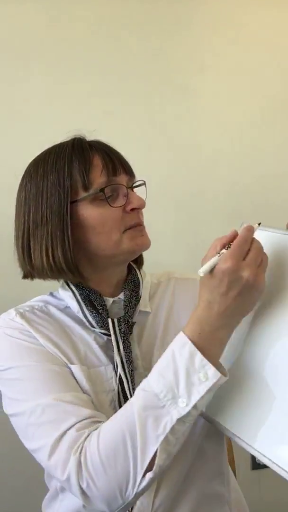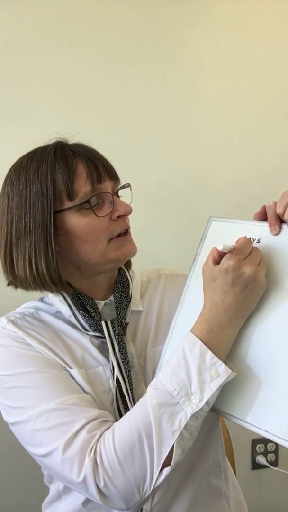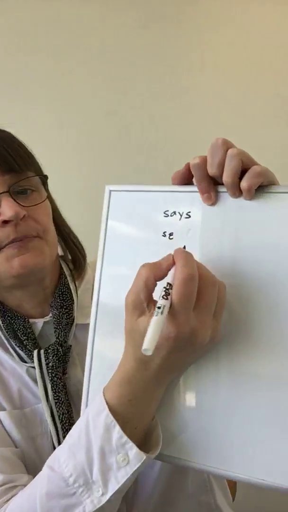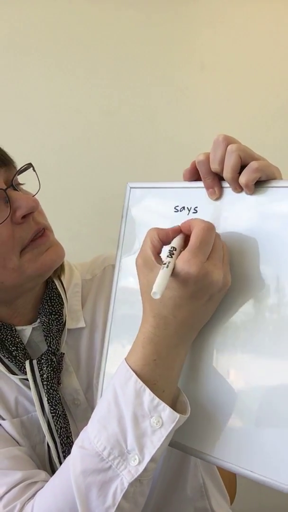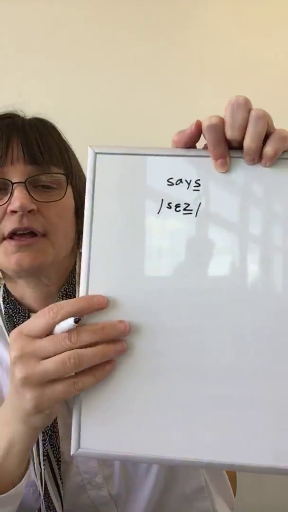Please feel free to ask other questions as we continue. So let's talk about one more thing about the word "says." This is another pattern at the end of that word. When I say "says," not only do I have to pay attention to the vowel and be careful not to say an A vowel, I also need to notice that the letter S in this word actually says the Z sound.